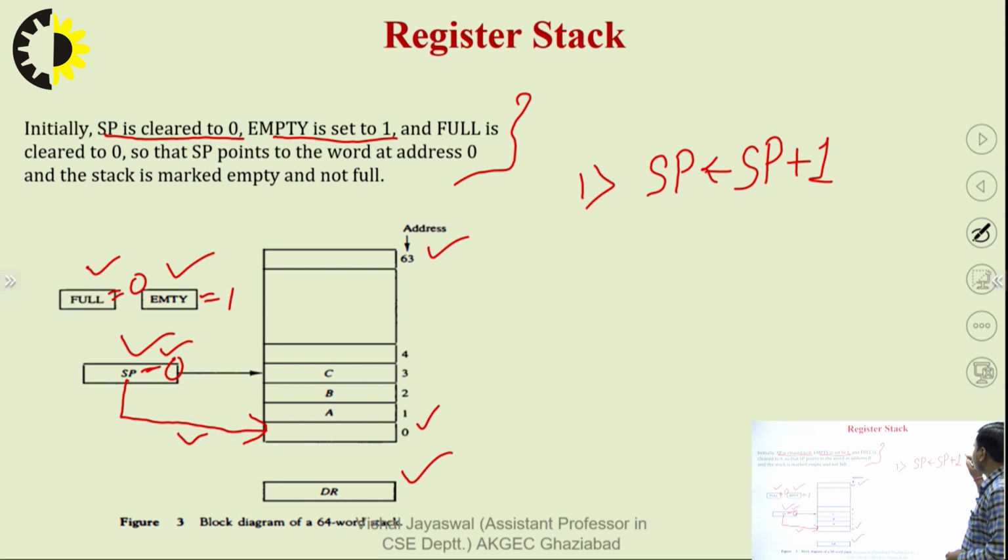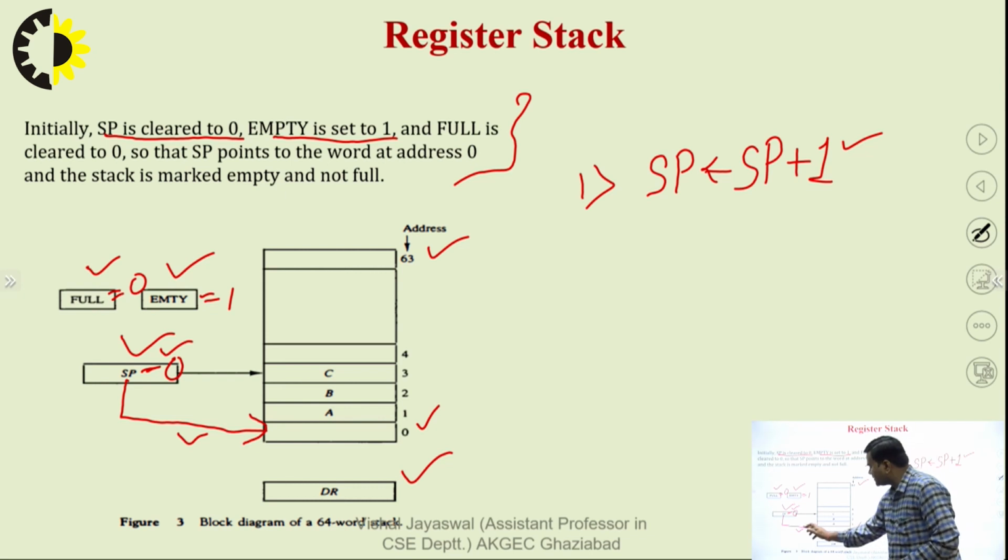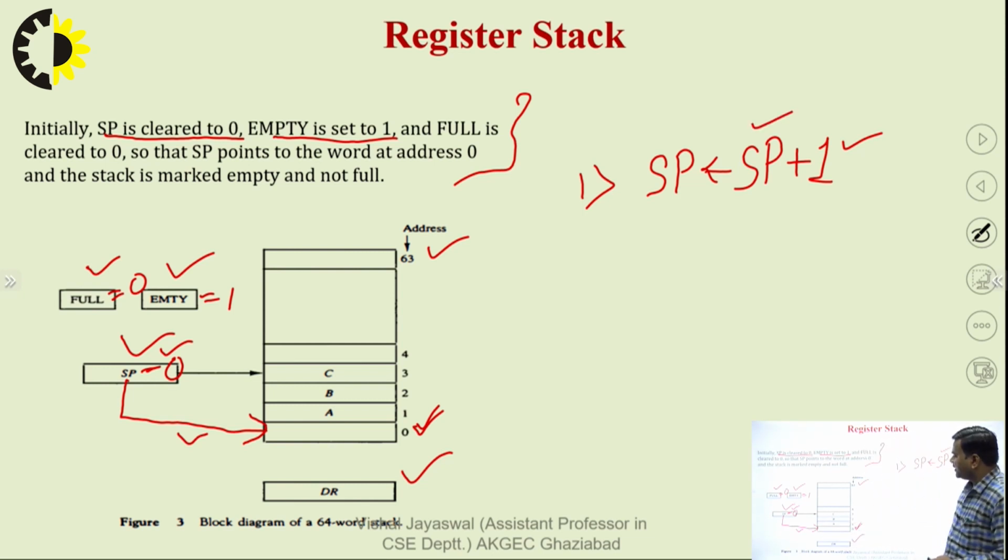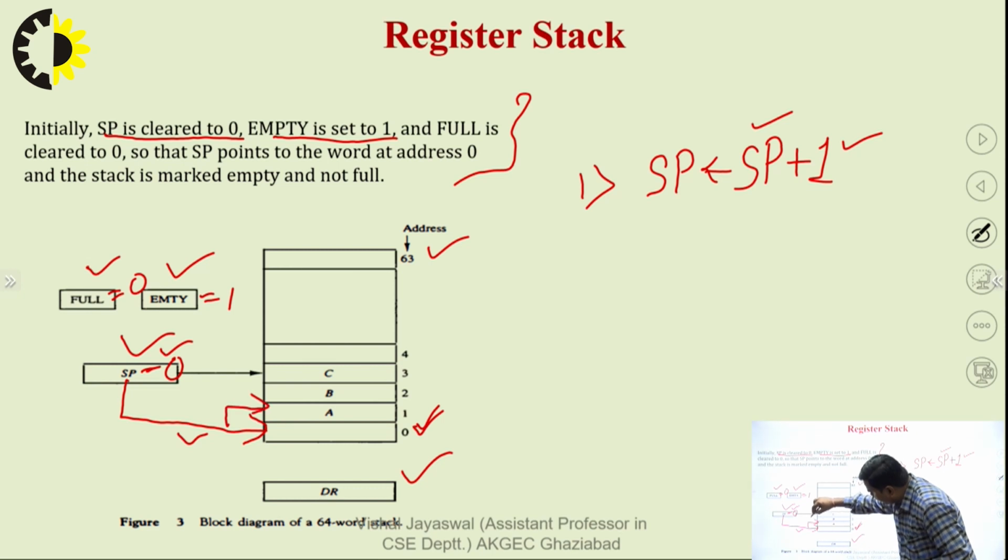Initially the stack pointer points at the 0 location, and after the increment the stack pointer points at the 1 location.